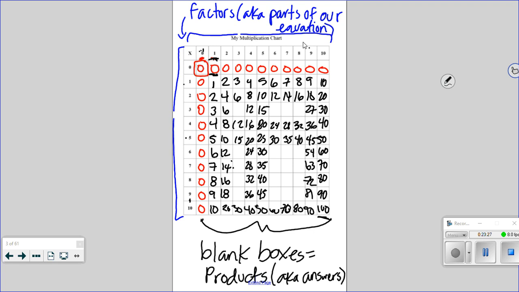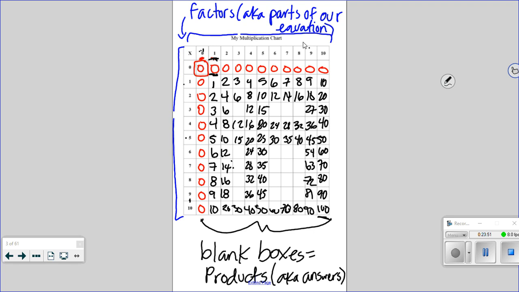Is there anything else I can fill in on this multiplication chart? Ethan? Go this way across. Why? Because it doesn't matter if the answer gets switched around because there's a rule called commutative property. Yes!